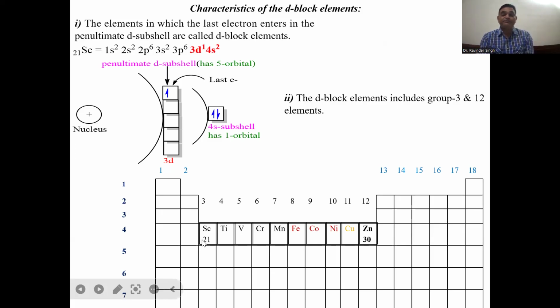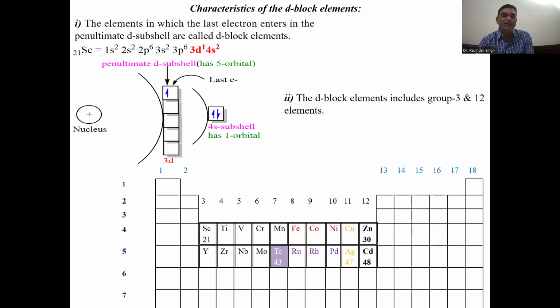The next d block series starts from yttrium and ends at cadmium 48. These are also 10 elements in that series. Here is one particular element, technetium, atomic number 43, which is a synthetic element.